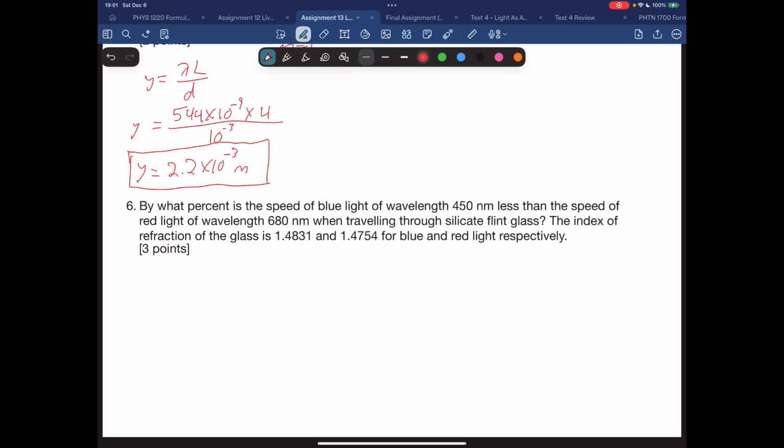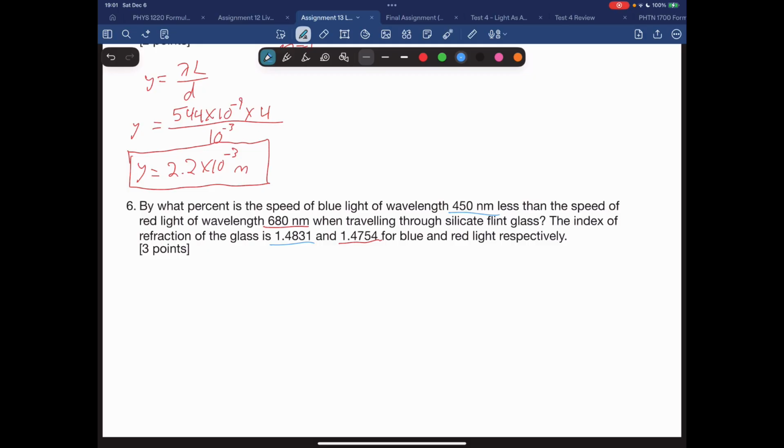For question 6, by what percent is the speed of blue light of wavelength 450 nanometers less than the speed of red light of wavelength 680 nanometers when traveling through silicate flint glass? The index of refraction is 1.4831 and 1.4754 for blue and red light respectively.